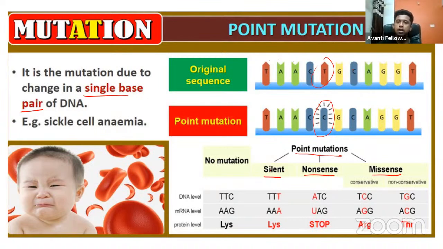Let us take an example here. You can see TTC and AAG, and here TTT and AAA has resulted. Now whenever you compare these sequences, they give rise to the same amino acid. Even though there is a change in the base pair, the amino acid that has to be there is the same.